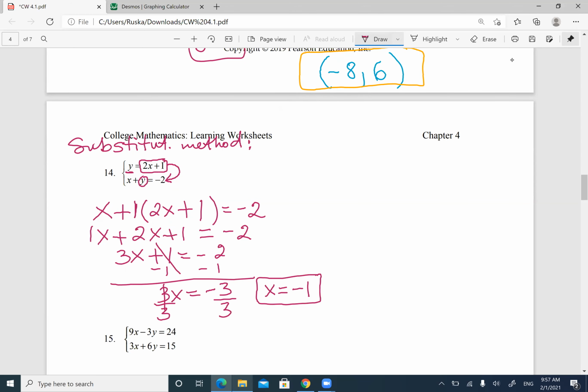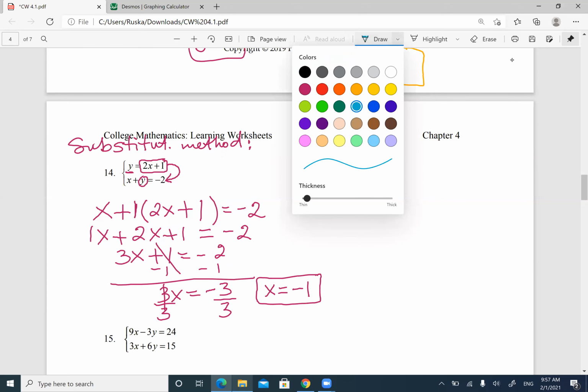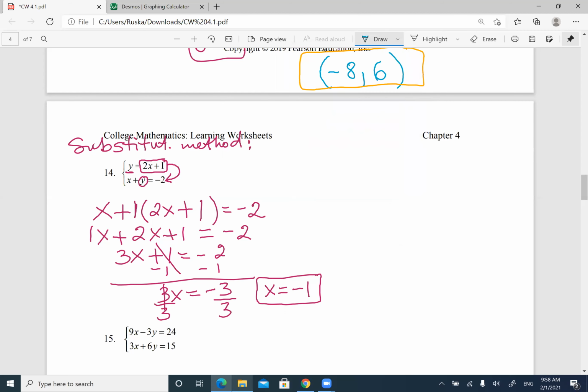X is negative 1. Now what you're doing next from here, you're going to take this negative 1 for x, and you're going to plug it into the substitution. What you substituted: y equals, you're going to plug it in here. So you're going to get y equals 2 times, I'm going to put my x there, plus 1.